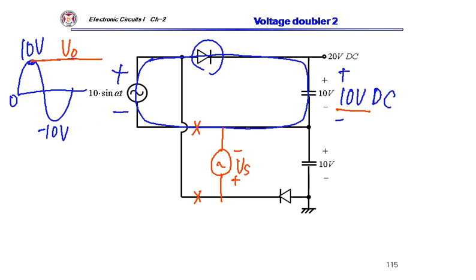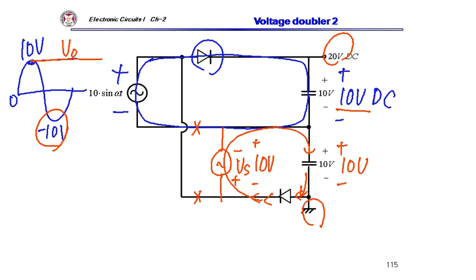This diode turns on when VS becomes minus 10 volt, so current flows, and it will charge this capacitor voltage to 10 volt. So from here to here is 20 volt DC.